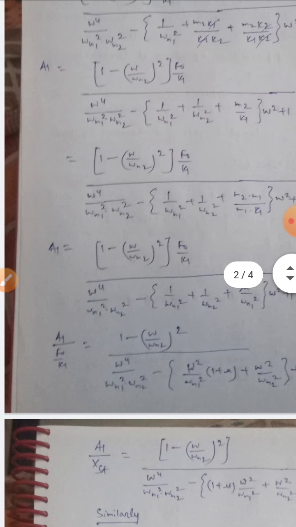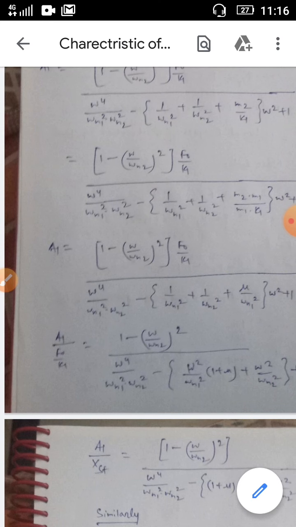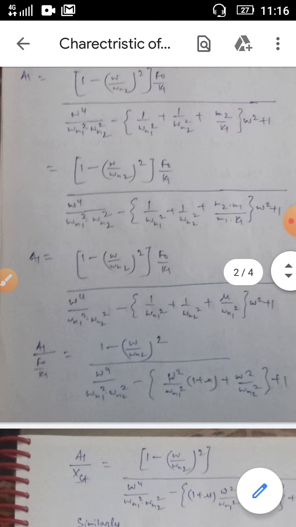Similarly you can write a1 upon f naught by k1. We take this f naught by k1 to the other side. So a1 upon f naught by k1 is equal to 1 minus (omega upon omega n2) square upon omega power 4 upon omega n1 square omega n2 square minus omega square upon omega n1 square (1 plus mu, taking the common) plus omega square upon omega n2 square, in the bracket, plus 1.